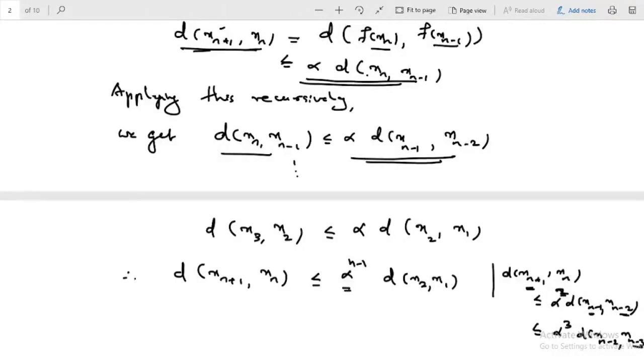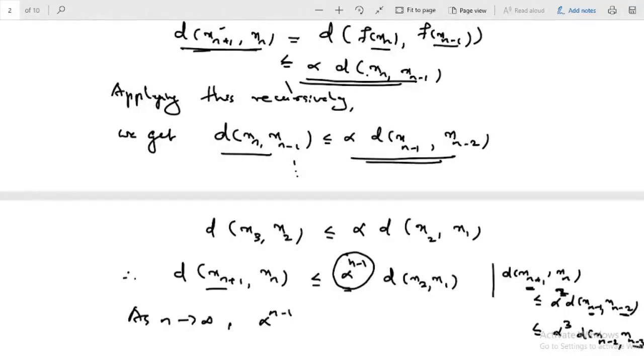What we need to identify is, as n tends to infinity, what happens to the terms of the sequence xn; do they become close? That is, what happens to d of xn plus 1, xn as n tends to infinity? As n tends to infinity, what happens to alpha raised to n minus 1 on the right side?